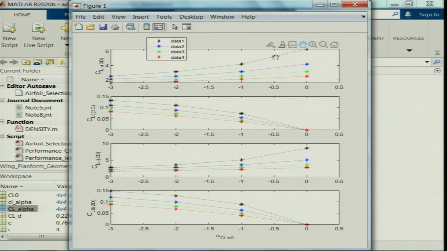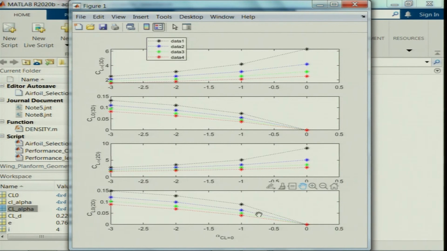You can see this particular value may be close to 5 per radian for the wing. We are talking about a 3-dimensional wing. In the other case it is even higher, more than 7 or 8, which is not realistic. So you need to choose a particular value of alpha at which CL is 0, and then CL alpha 2D, CL naught 2D.